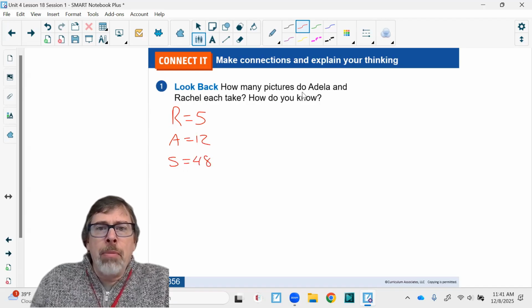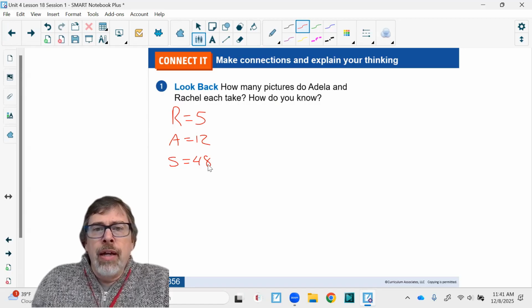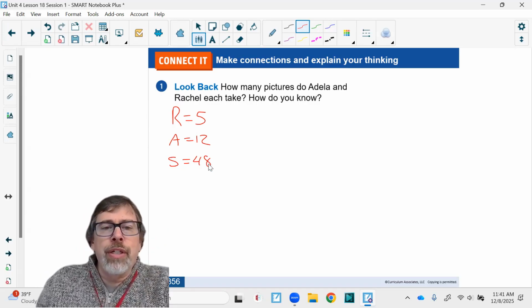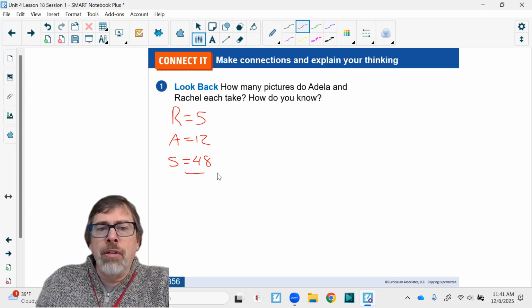Santo took 4 times Adela, so 12 times 4 is 48, and that's how we got started on this. So those were the photos that everybody took. The one question it didn't ask was how many photos were taken at this party, and it would be 15, carry the 1, and it would be 65 photos in total.